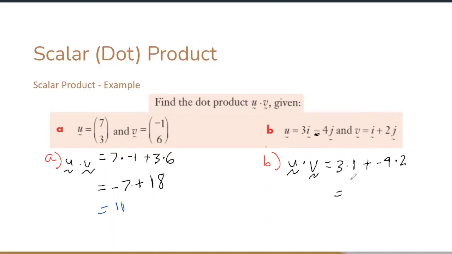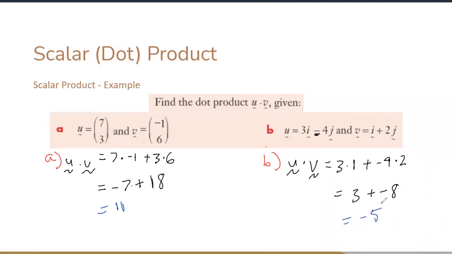And so that's going to give us 3 plus minus 4 times 2, which is minus 8. So it's going to be 3 minus 8, which is minus 5. So for this one, our dot product is equal to minus 5.